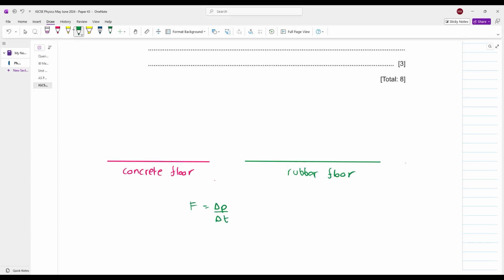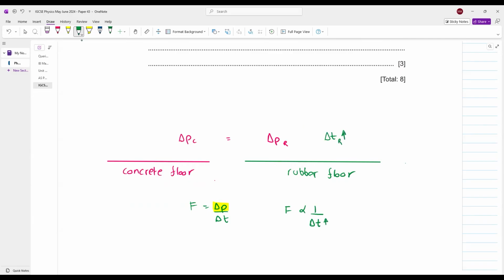The change in momentum on the concrete floor and on the rubber floor will remain constant. However, what will be the difference? On the rubber floor, the time taken for the collision will be greater.